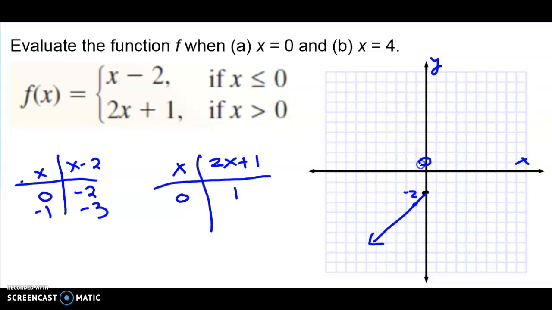So put an open circle instead. And then use a number greater than 0. Let's say 1. When x is 1, 2 times 1 is 2 plus 1, you get 3. So when x is 1, you go 1, 2, 3. So that means your graph goes this way. And you can find other points, maybe one for each domain, so you can graph your function accurately.